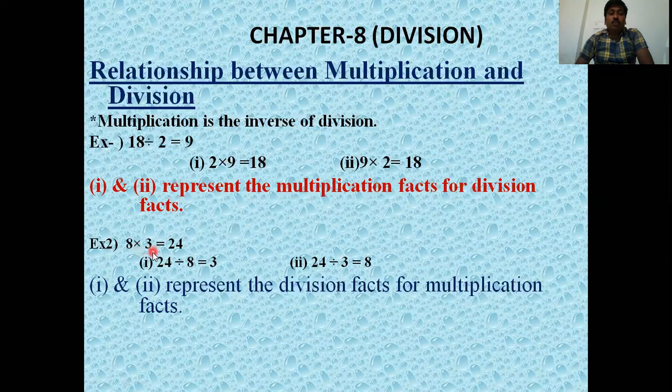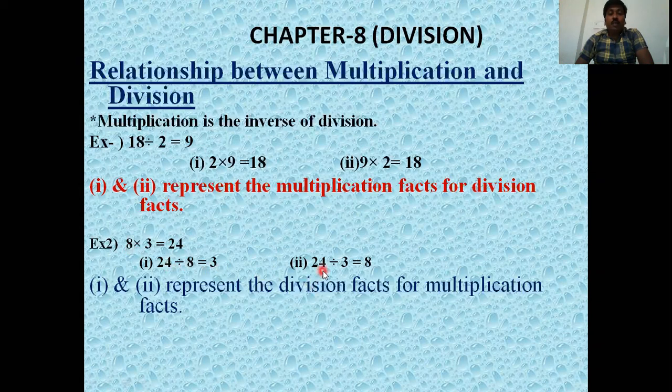8 into 3 is equal to 24. So this is the multiplication fact, and we can find the division fact from this multiplication fact. When we divide this product 24 by one of the multiplied numbers, 8, we get 3.